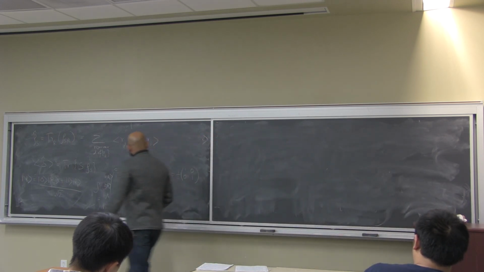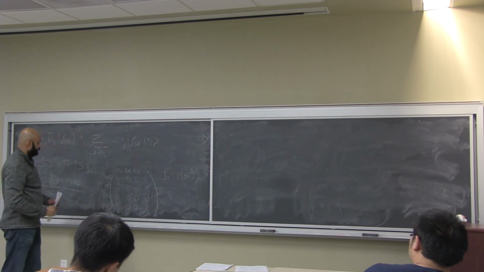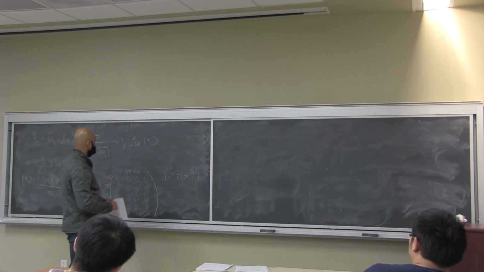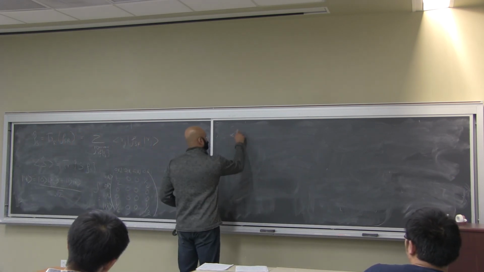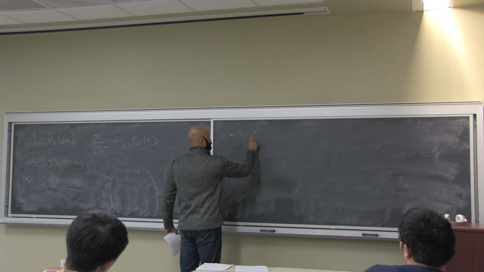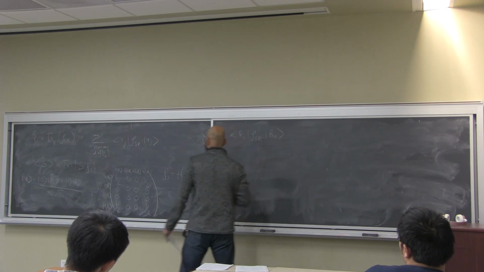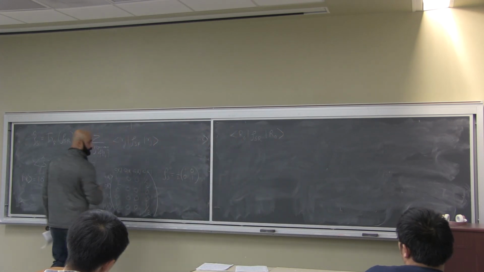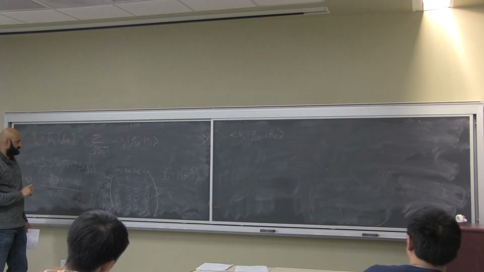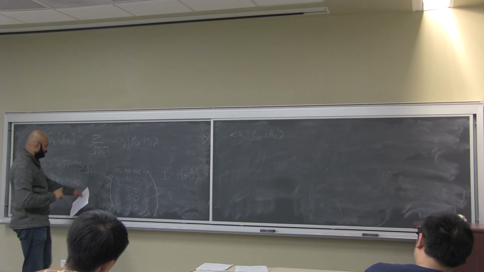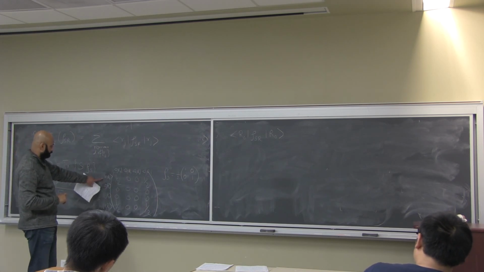Let's see. So we want to take only those terms which have this type, R0 rho SR R0. Okay, that's one of the first terms in this sum. Okay, so where all will we get this?